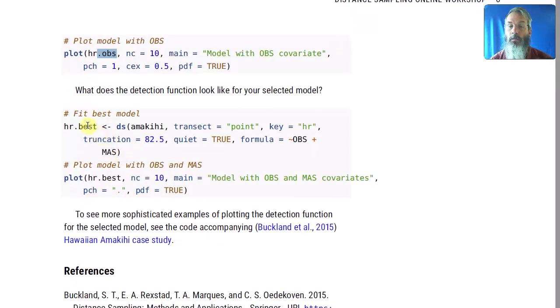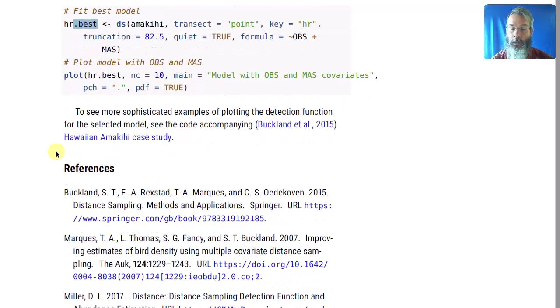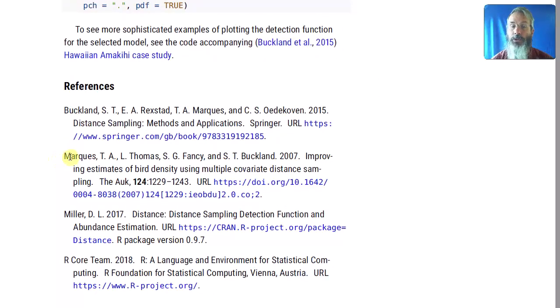Here is, I won't tip my hand too much, but the best model. And you can get a look at the various shapes and the manifestations of the effect of the various covariates on the detection function.